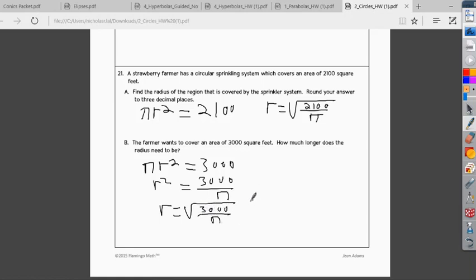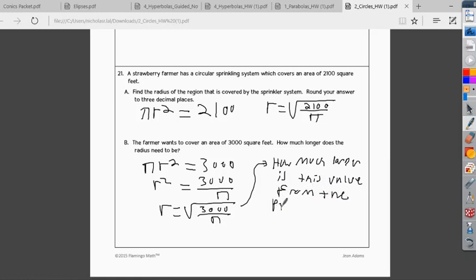And you need to figure out how much bigger is this value. How much larger is this value from the previous radius? Alright, that's the video.